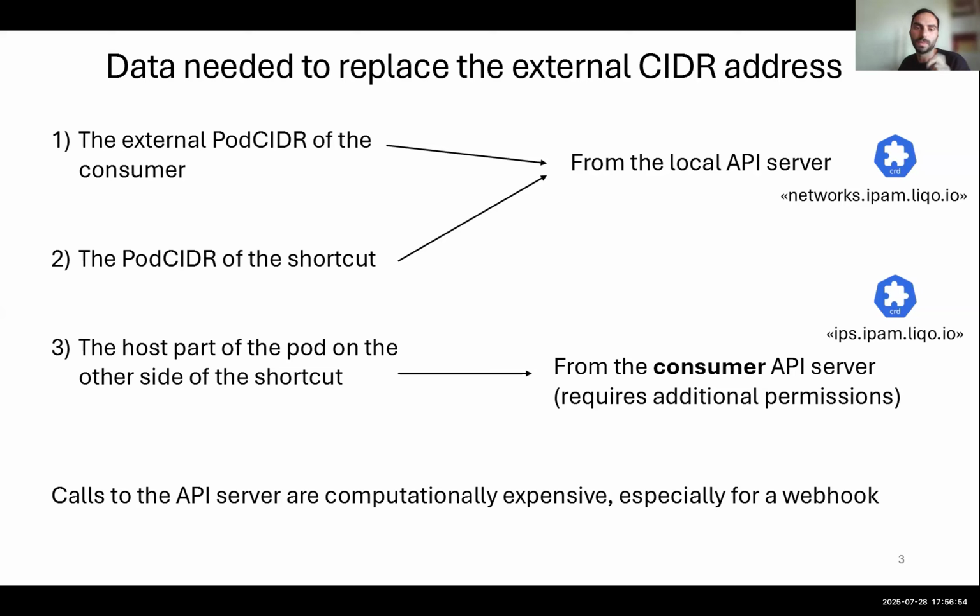Another strategy I was thinking about was that this data, or part of this data, especially point 3, the host part, is provided by the user by putting a label on the shadow endpoint slice. This label change would trigger the webhook, which just needs at this point to fetch from its own API server, but also to check if the user-defined address is correct and corresponds to an actual pod.